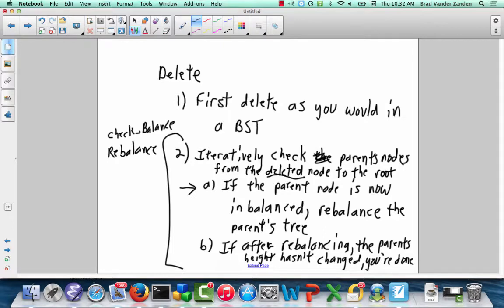That's why you don't care in rebalance whether it was an insert or a delete. You just pass the node you're checking, which is always the parent, to either the deleted node or the inserted node, and you simply perform your checks.